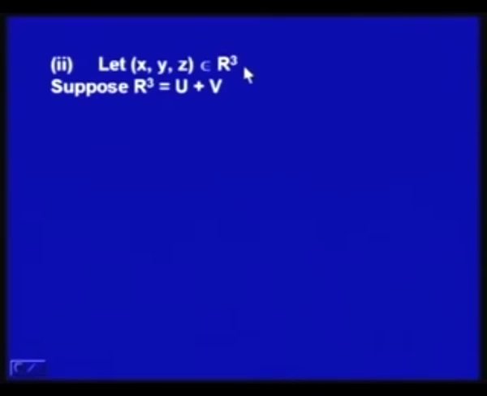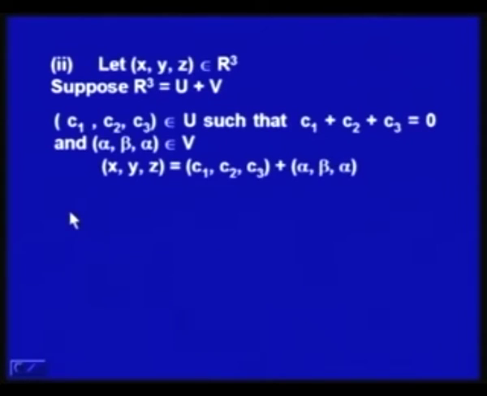Now, in the second part we assume that R cube is equal to U plus V. That means (C1, C2, C3) belongs to U satisfying the constraint C1 plus C2 plus C3 equal to 0 and (alpha, beta, alpha) belongs to V. That means the vector (x, y, z) in R cube can be expressed as the sum of these two vectors (C1, C2, C3) plus (alpha, beta, alpha).